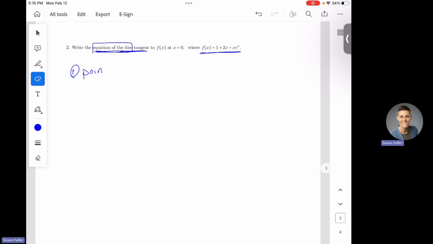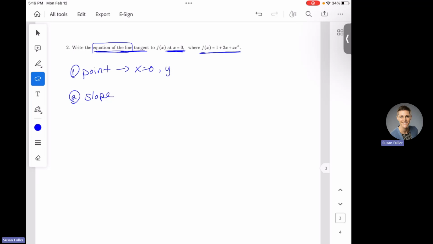You need a point on your line and the slope of your line. So let's start with the point. We need a point on my tangent line. We know we want the equation of the tangent line at x equals 0. So I know that's going to be the x value of my point. And now I need a y value.